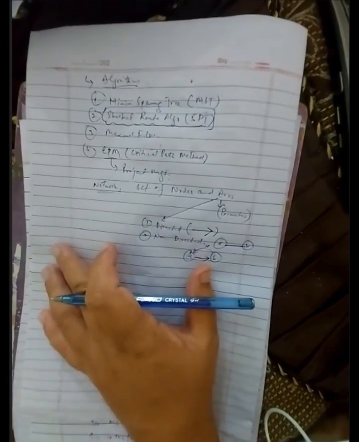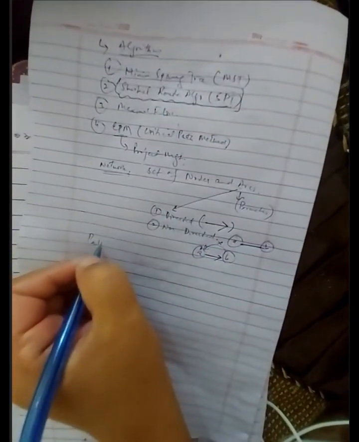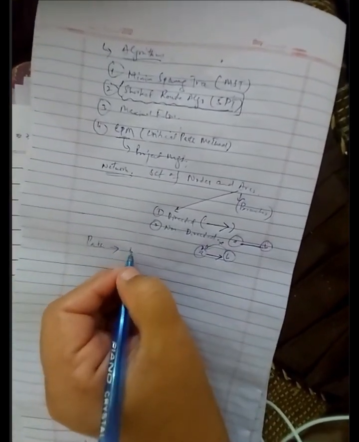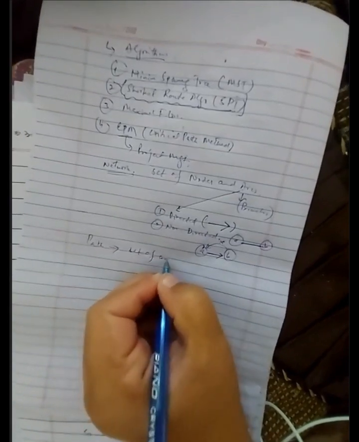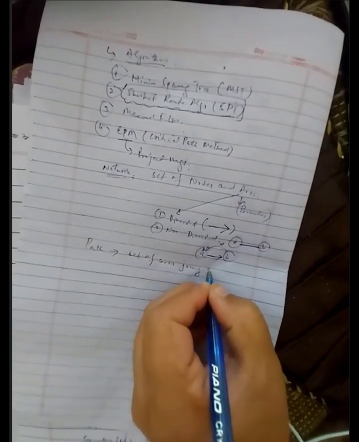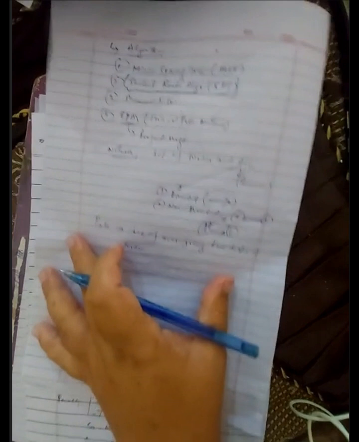Okay, and a path is actually a set of arcs joining distinct nodes. This is another node.